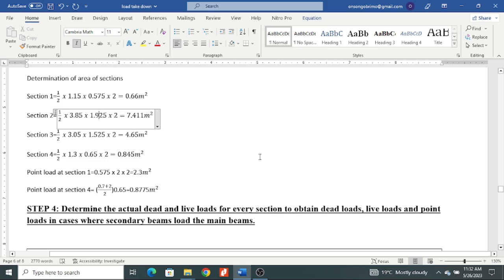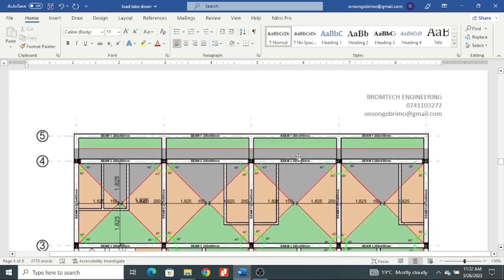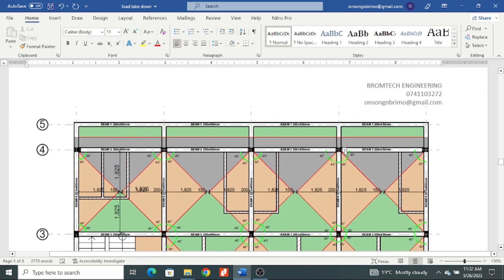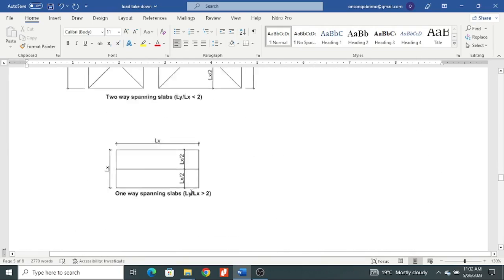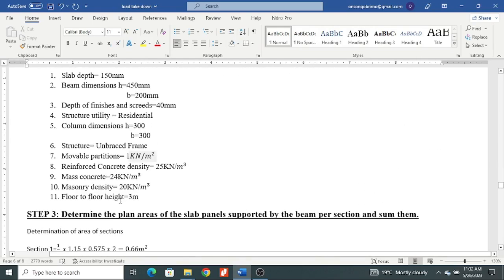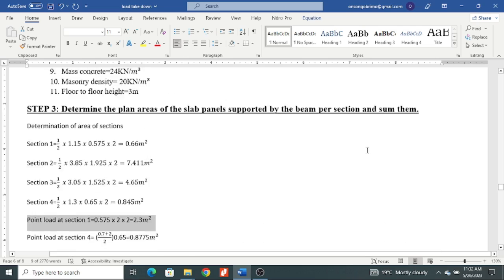For section 1, I have also determined the areas, and as I explained, the areas are very small for this section here. I have determined my triangles and then found the areas and loaded them at this beam. Having loaded all these with all these UDLs, UDL is a uniformly distributed load, I have also determined the point load at section 1 and the point load at section 4.